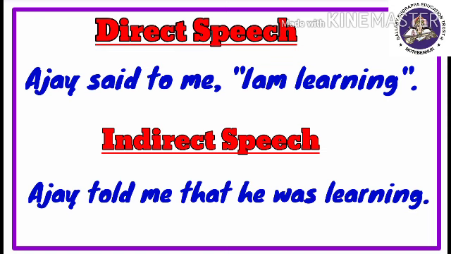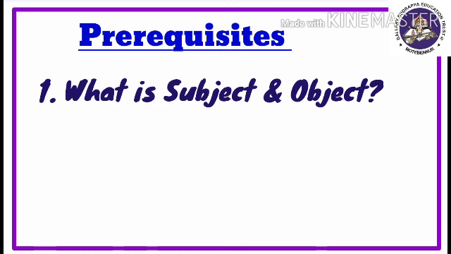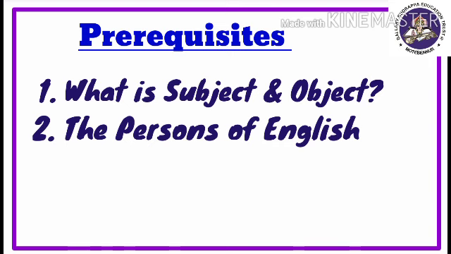Dear children, there are a lot of things to learn before we convert direct speech to indirect speech. So before going to learn how to convert direct to indirect, we should have a clear-cut idea about the following things. First of all, we should know what is subject and object. Second thing is, we should also know the persons of English: what is called first person, second person, third person pronouns.